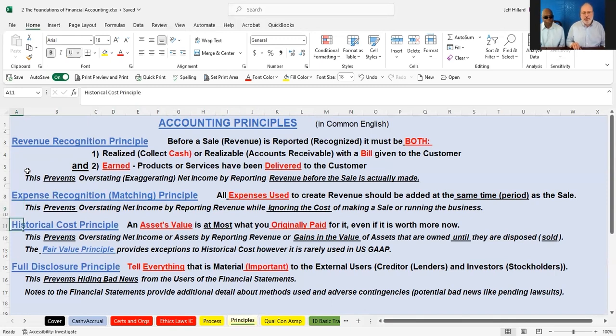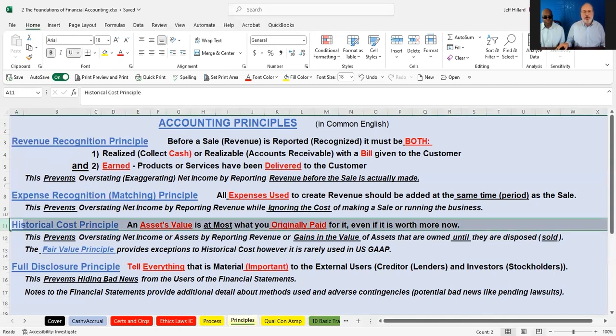The third one is the historical cost principle. This one is an important one in US GAAP, less important in international financial reporting standards, but we'll get to that as we go along. The historical cost principle says an asset's value is at most what you had originally paid for it, even if it's worth more now. A lot of students have real problems with this, but here's the deal.